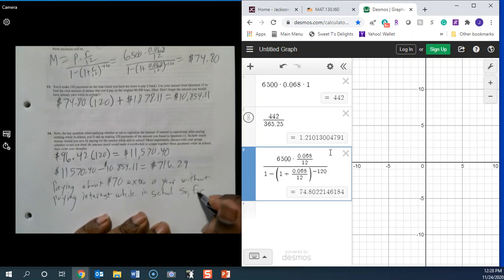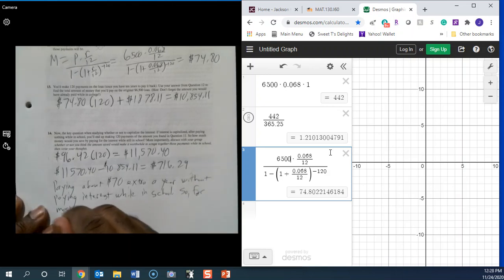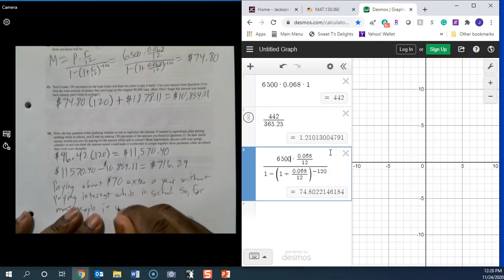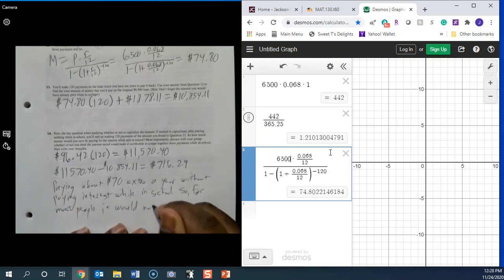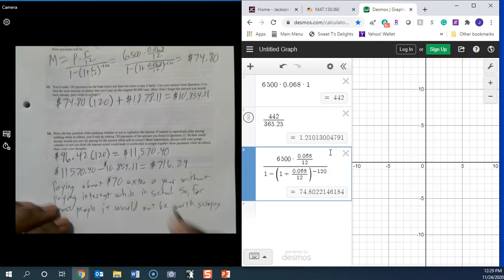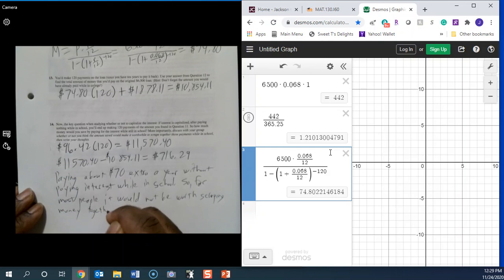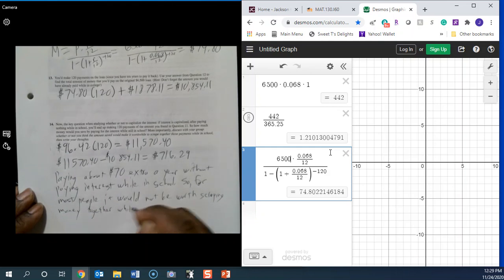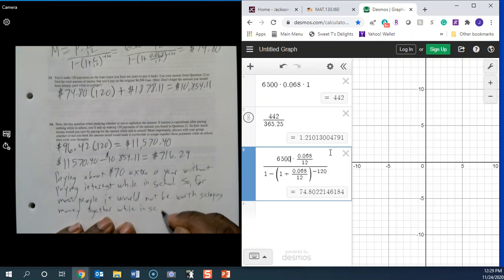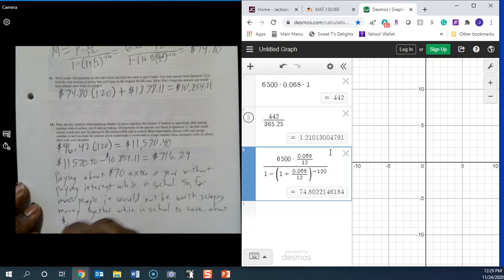So for most people, it would not be worth scraping money together while in school to save about $6 a month.